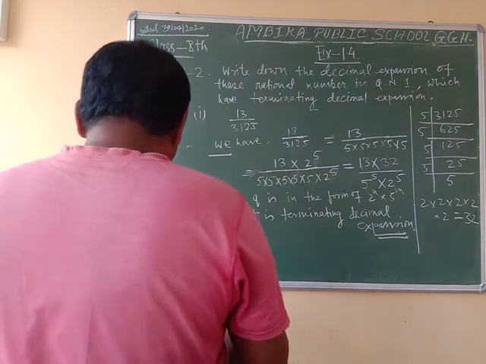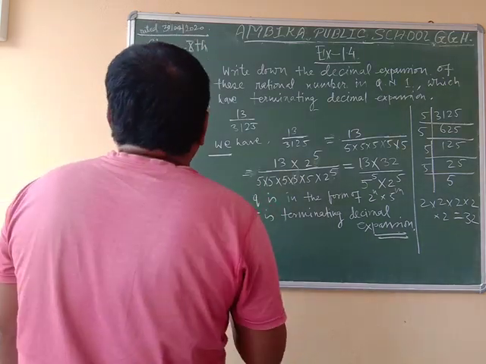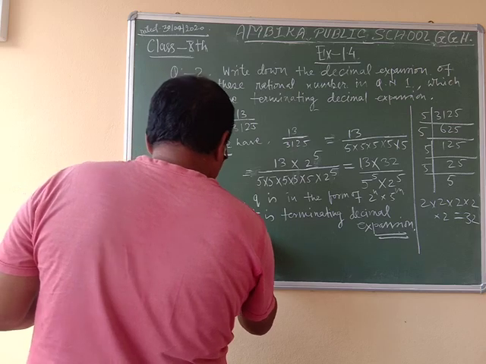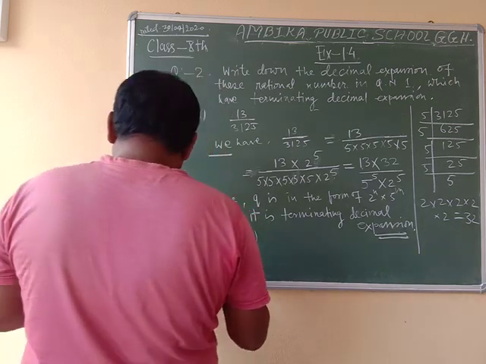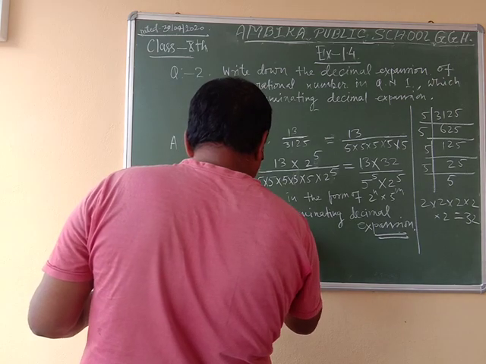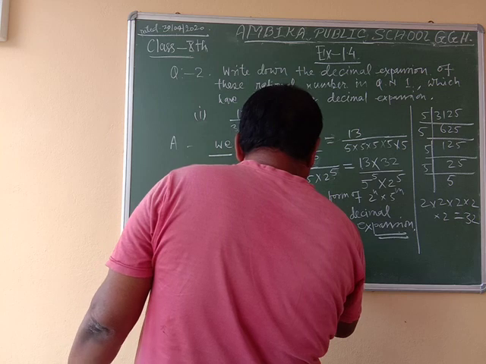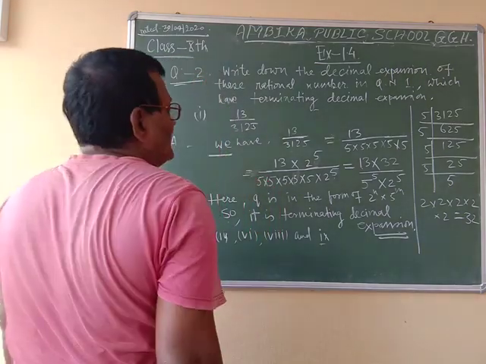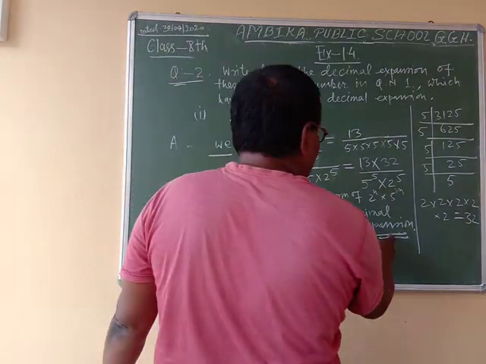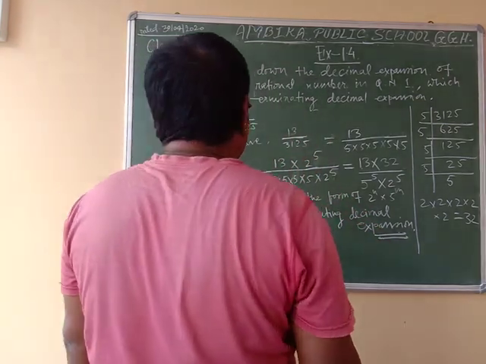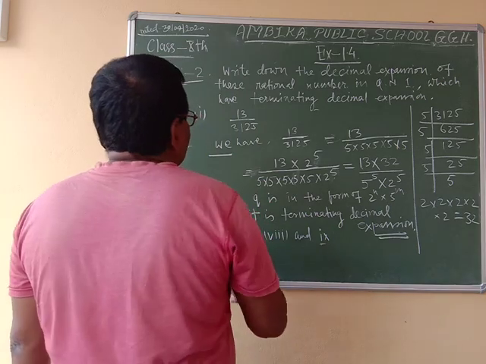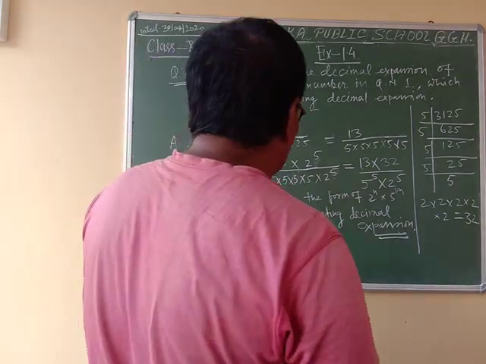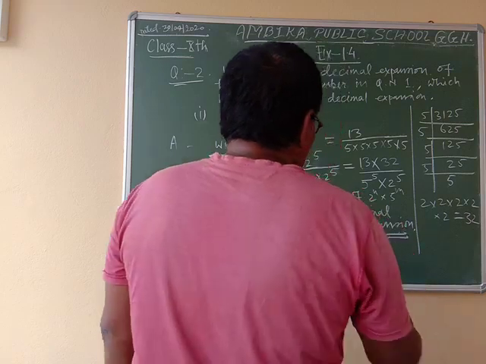Next, the answers for question numbers 2, 4, 6, 8 and 9 are all terminating decimal expansions, because the denominators of these rational numbers are in the form of 2 to the power n and 5 to the power m.